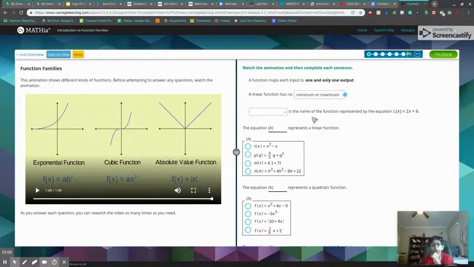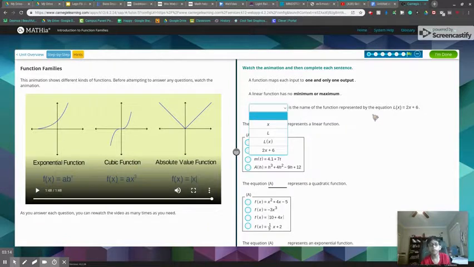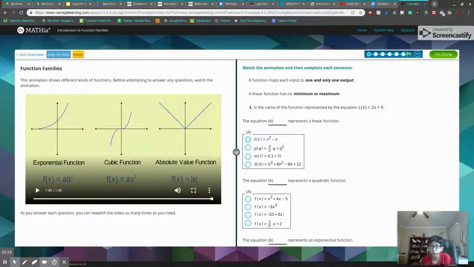So a linear function has no maximum or minimum. You remember them saying that in the video. And is the name of the function represented by the equation L. The equation A represents a linear function, so I think we have to figure out which one is in mx plus b form.